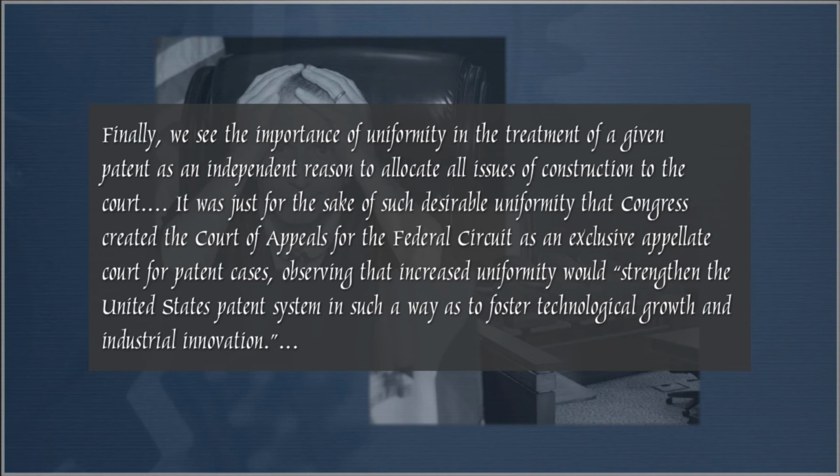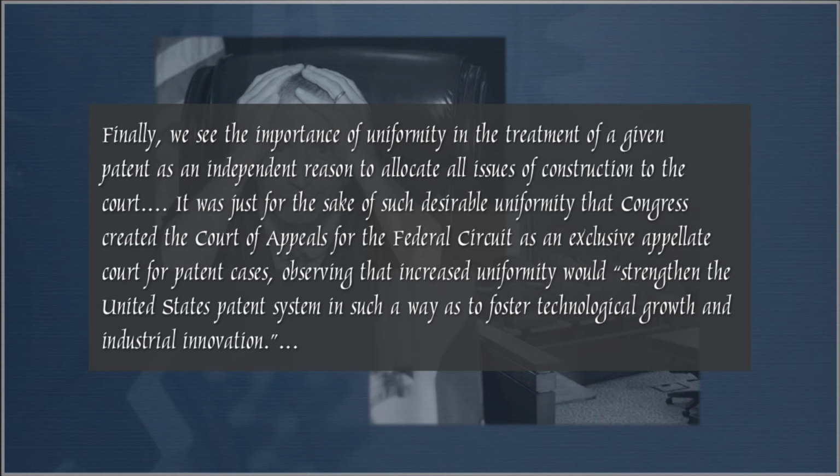It was just for the sake of such desirable uniformity that Congress created the Court of Appeals for the Federal Circuit as an exclusive appellate court for patent cases, observing that increased uniformity would strengthen the U.S. patent system in such a way as to foster technological growth and industrial innovation.